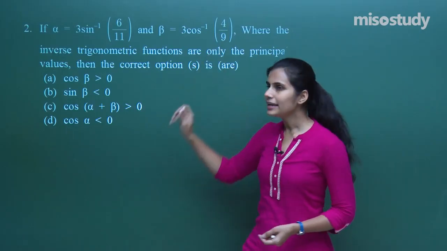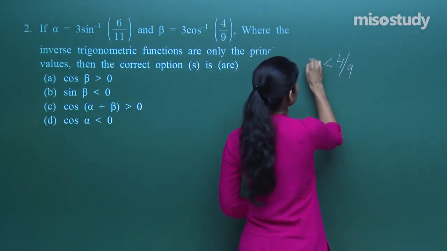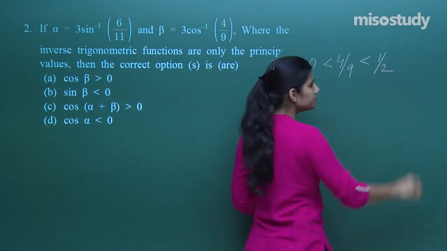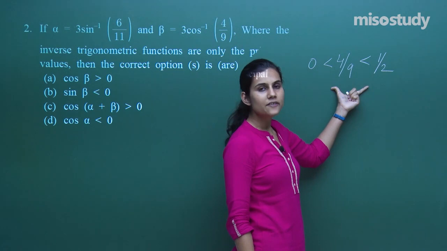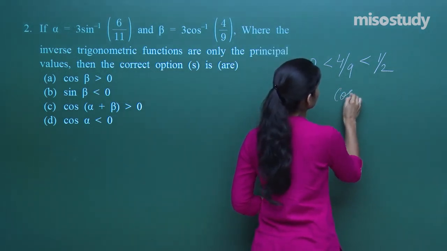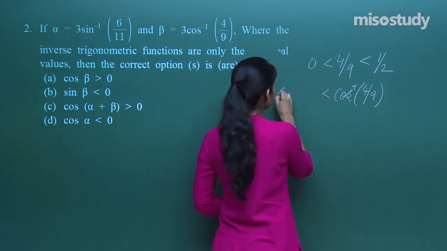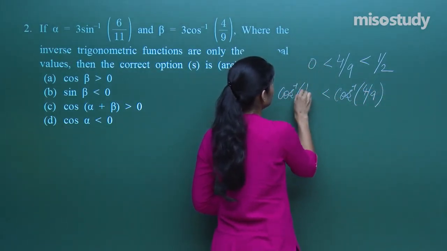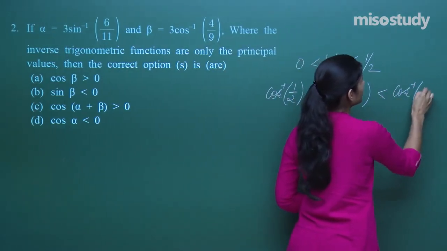Okay. 4 by 9, very easily you know 4 by 9 always lies between 0 and 1 by 2. In this particular range, cos inverse is a decreasing function. So I can write this as cos inverse of 4 by 9 is greater than cos inverse of 1 by 2 and is less than cos inverse of 0.